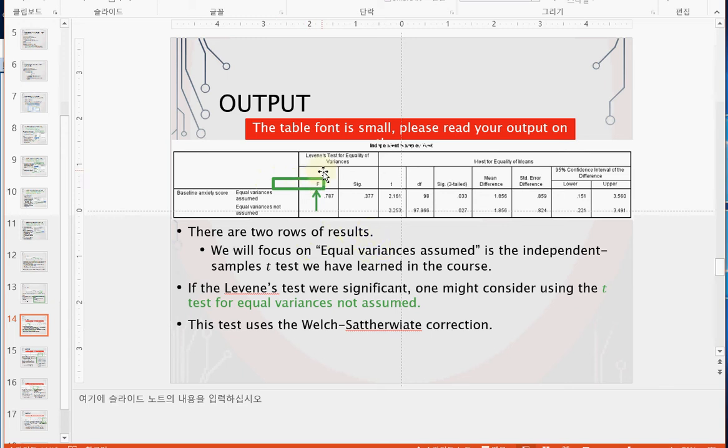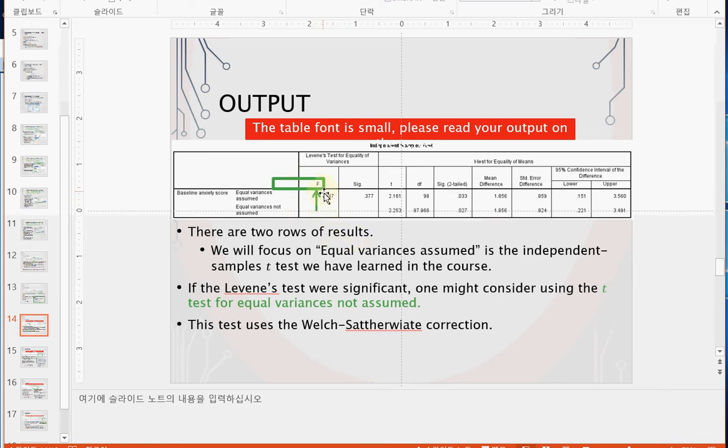Actually, equal variance among groups is the precondition to be met when we are comparing the groups. So here, the null hypothesis is equal variances. So we are happy if we see the null hypothesis hold in this particular case.